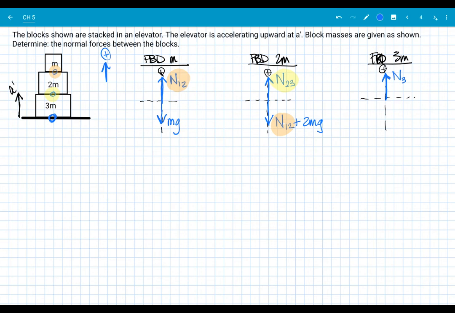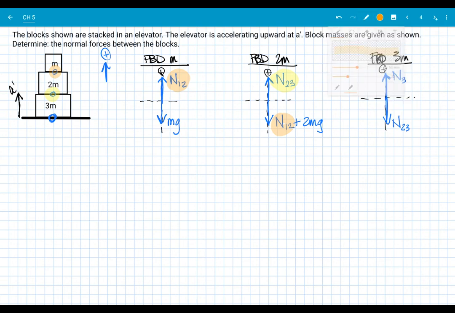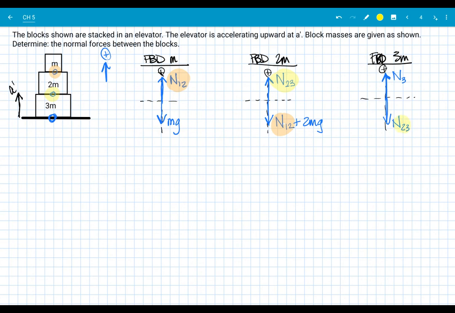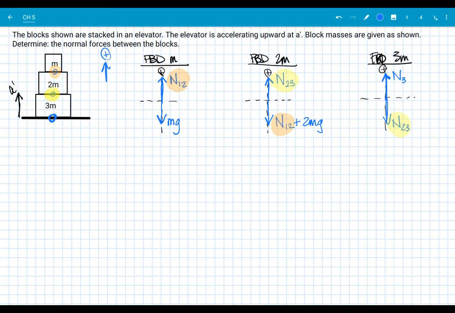So that's going to be a downward force on the 3M block, and that force is going to be N23 because it is related to the interface between blocks 2 and 3. So this would be yellow. I've colored it yellow, just trying to keep track of interfaces for you.